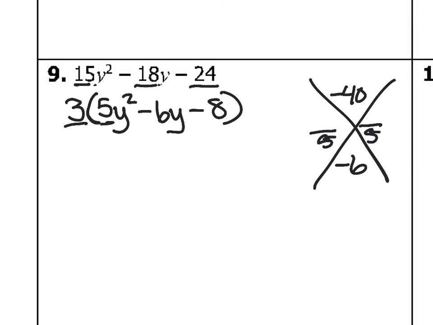All right, so factors of -40. So I could say -2 times 20. I could say -4 times 10. All right, I think that those numbers are going to work. However, if I added those together, I get +6. So let's try 4 and -10. 4 plus -10 is -6.